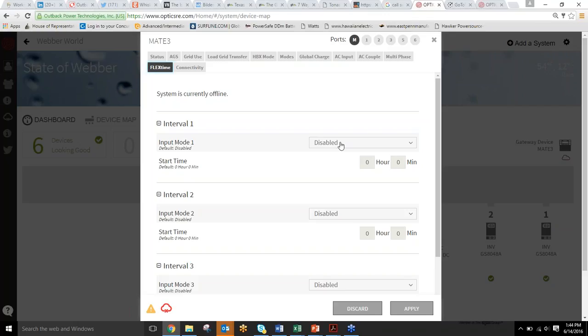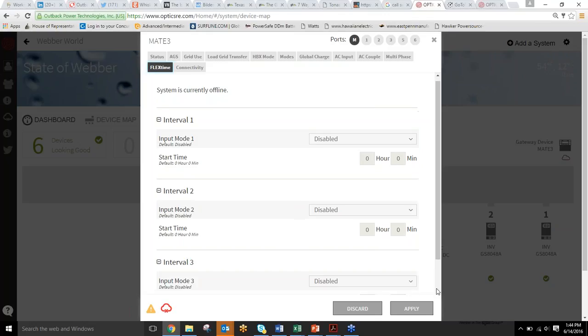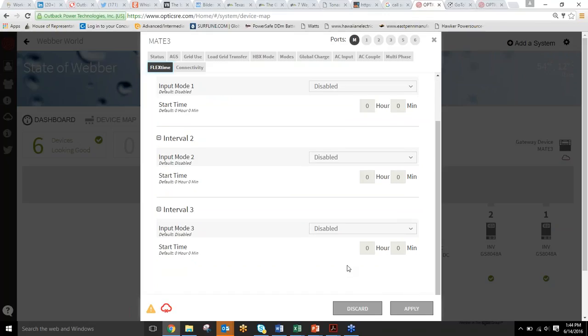In the middle of the night, you may go in here and say, okay, we're going to set my timer to start at 8 p.m., which is 20 hours, 0 minutes, and we're going to go to grid tie. I want to bring the power all the way back up in my batteries on that 6-cent-a-kilowatt-hour rate, and by the time I hit 8 in the morning, I want to be ready to use my system again.